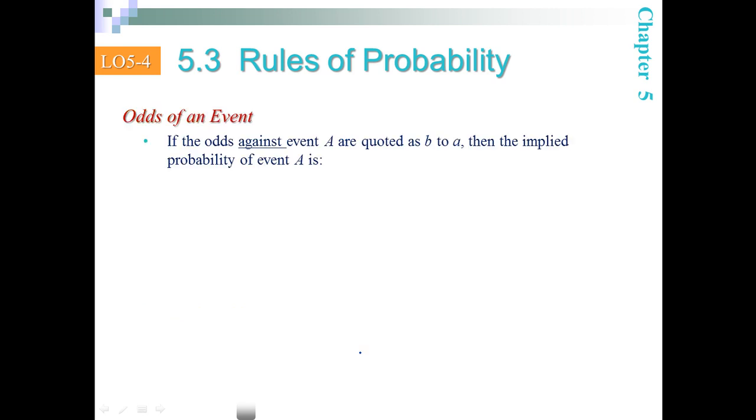So if the odds against an event are quoted as B to A, then the implied probability of the event A is A over A plus B. So as I said, if the odds are 5 to 1 for a horse winning a race, then the probability that they're going to win the race is actually 1 over 6, so 1 over 1 plus 5. So you've got to be careful and make sure you understand if it's odds in favor or odds against when you're talking about gambling and so forth.